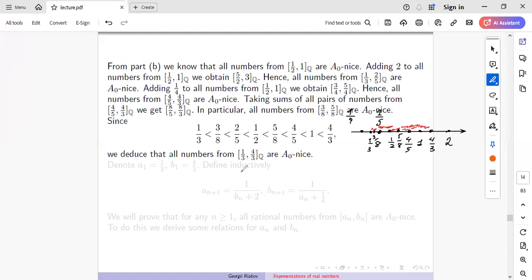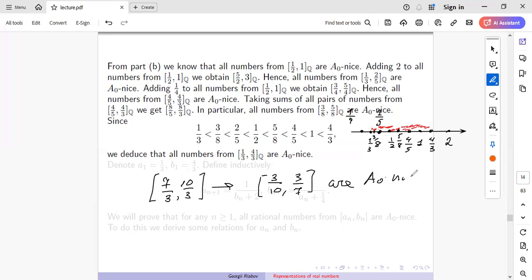We will get 1/3 plus 2, which is 7 over 3, and 4 over 3 plus 2, which is 10 over 3, which means that all rational numbers from 3 over 10 to 3 over 7 are A0 nice.